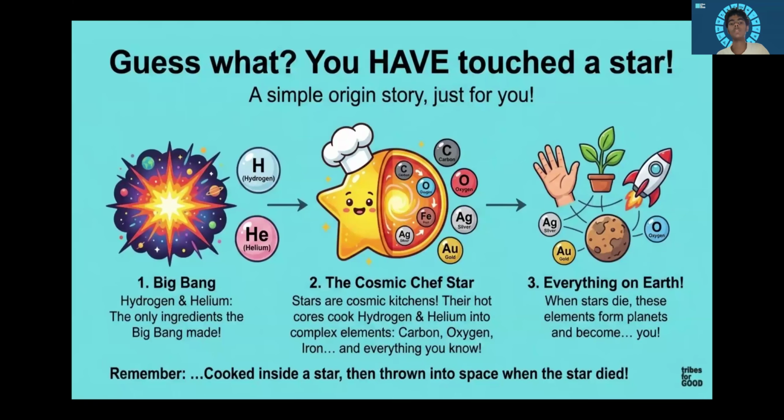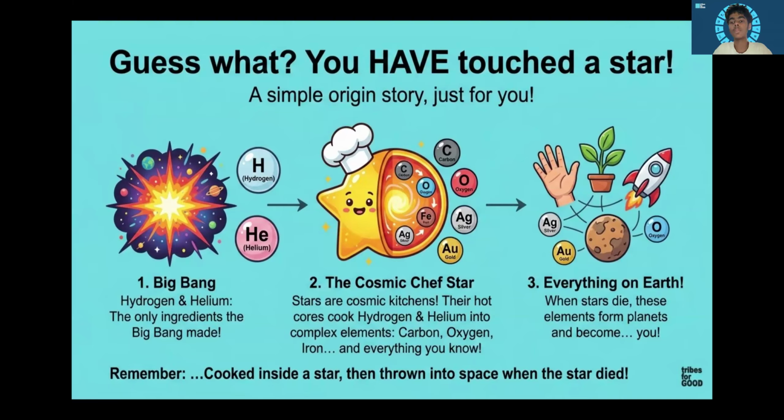Next slide. So imagine the center of a star is like a pressure cooker. When the Big Bang happened and the universe was formed, only two simple elements were present: helium and hydrogen. The things that we know today, like gold and iron, did not exist.